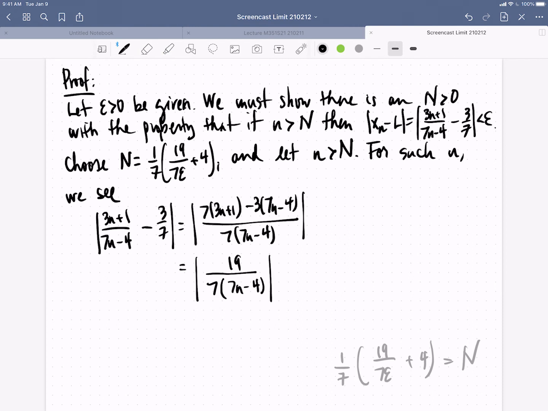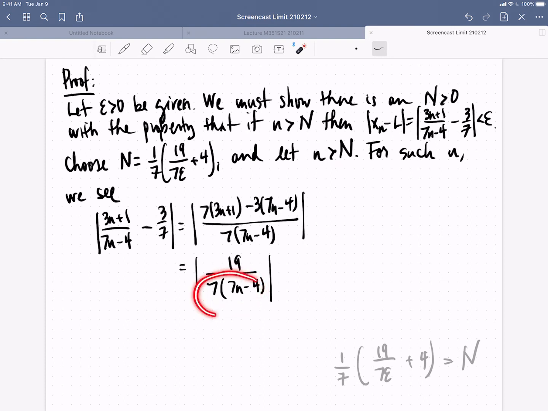Here's where we're going to start using our facts. My little n is bigger than capital N. So in this expression, if I replace little n with something smaller, namely big N, it makes my denominator smaller.